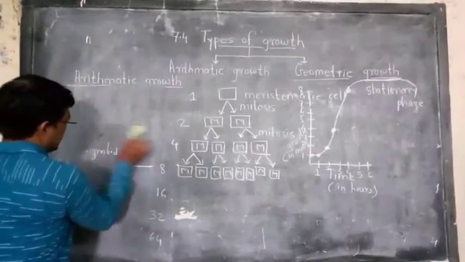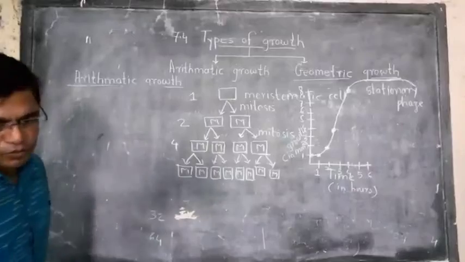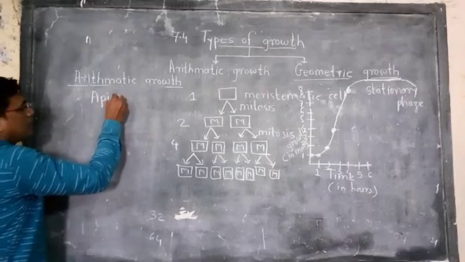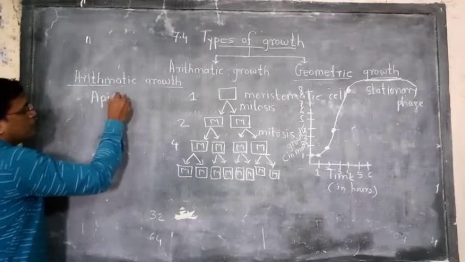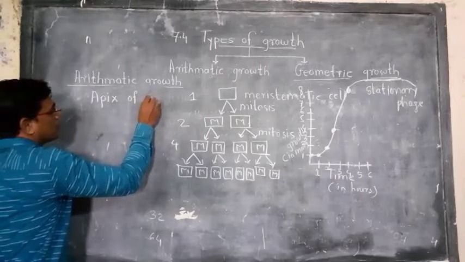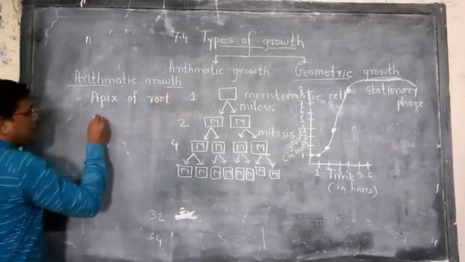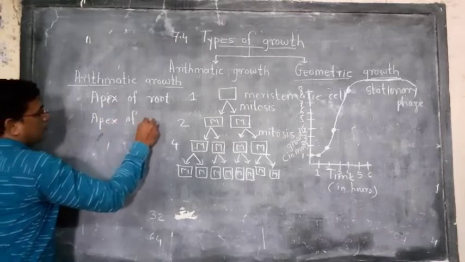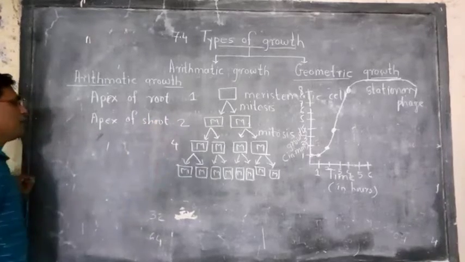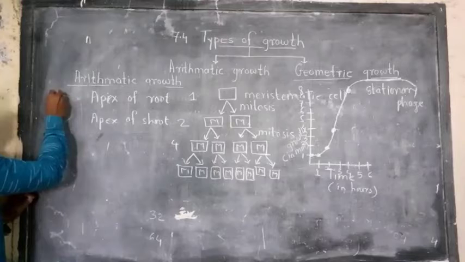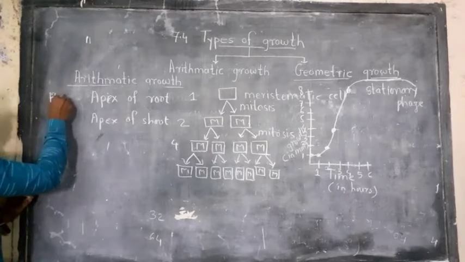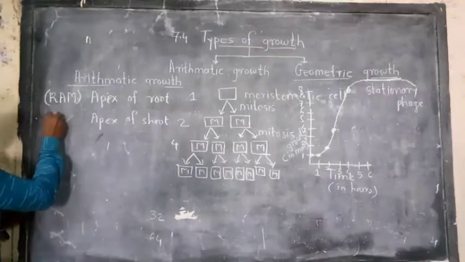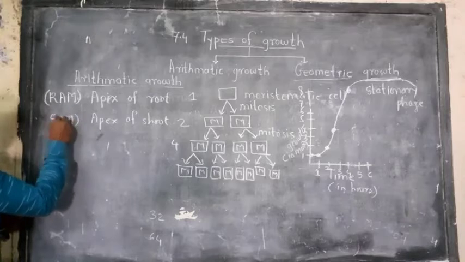Now where does this growth take place? We know that arithmetic growth takes place at the apex of the root and at the apex of the shoot, that is, the root apical meristem and the shoot apical meristem.